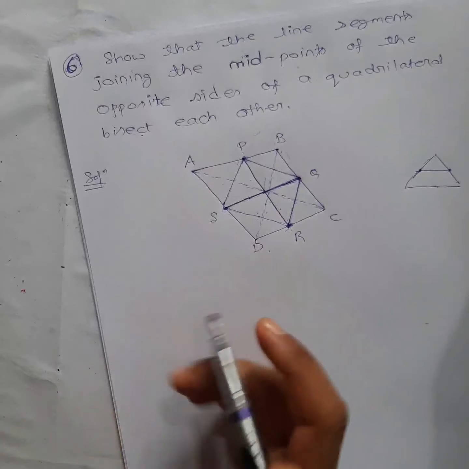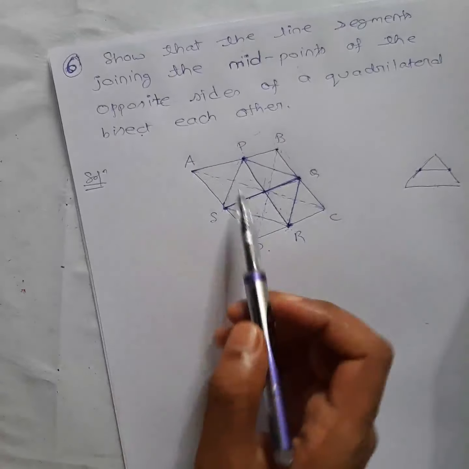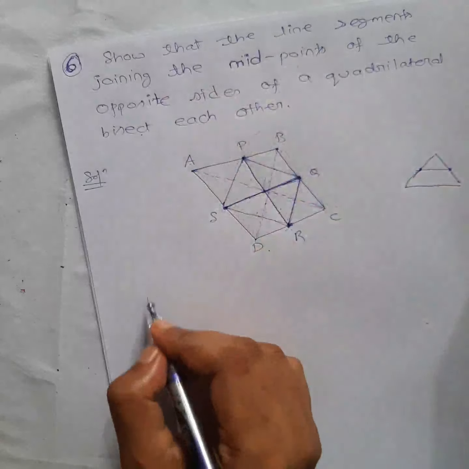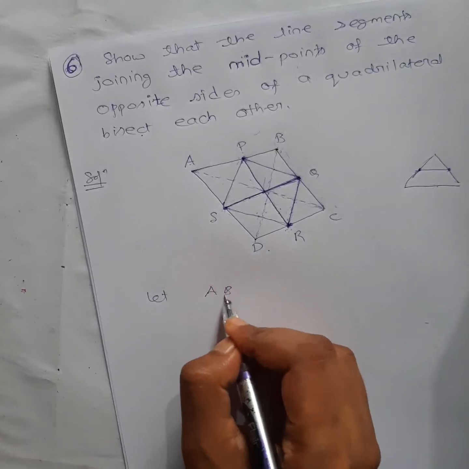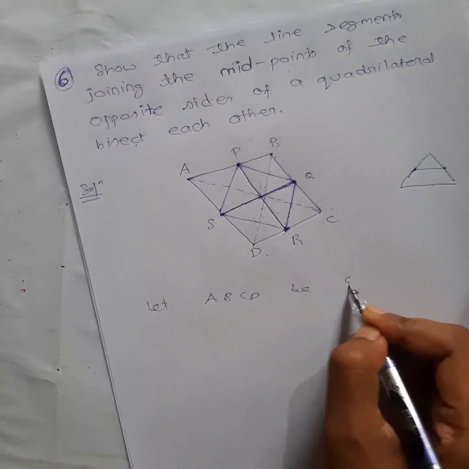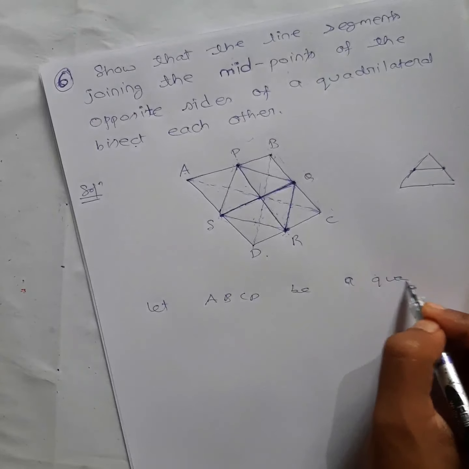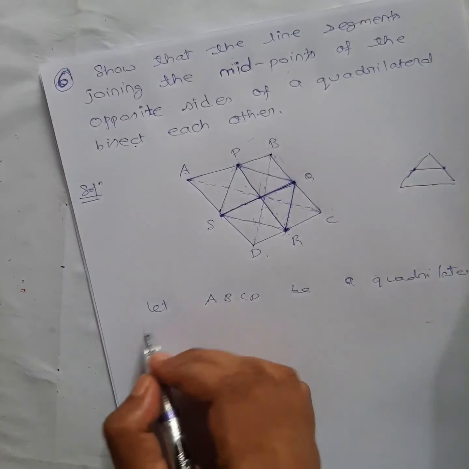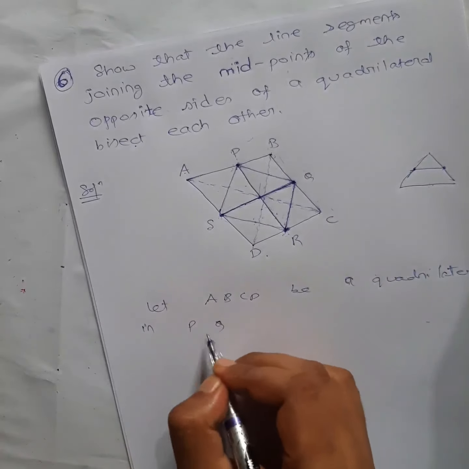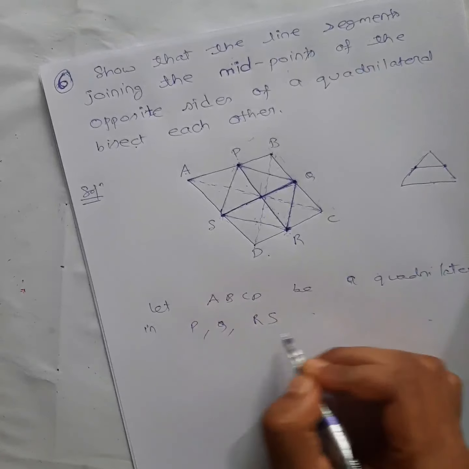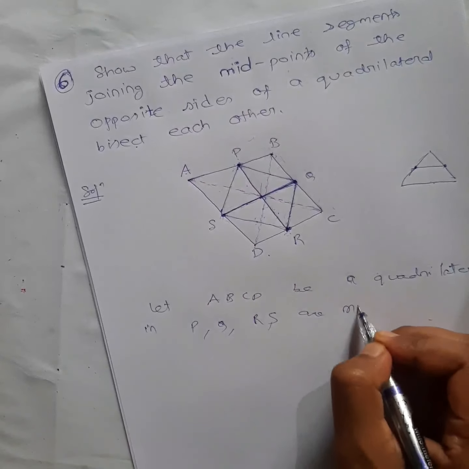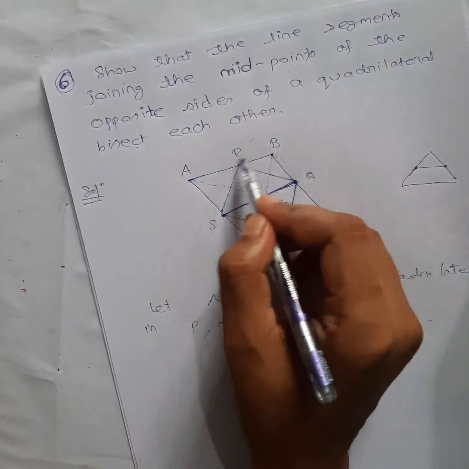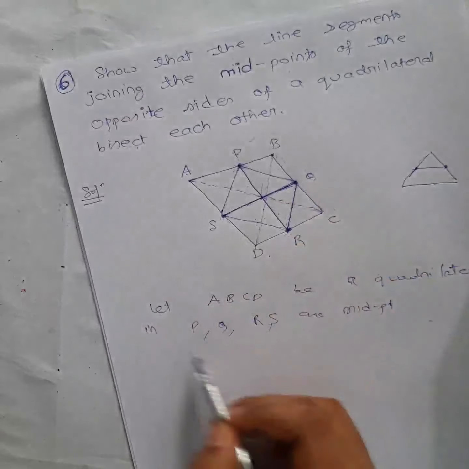So first, I'm going to name this figure. Name is not given. Let A, B, C, D be a quadrilateral in which P, Q, R, S are midpoints. I have drawn the midpoints, right? I've named it PQRS, so I have to mention everything.